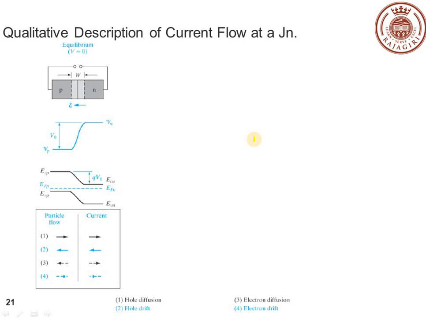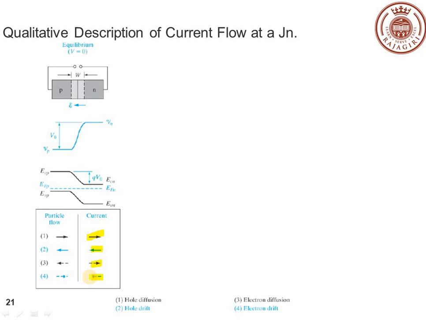The diffusion components of the current, hole diffusion and electron diffusion, shown by the black arrows, have the same direction. Both the drift components have the same direction as each other, but drift and diffusion have opposite directions. So the net current will be 0 at equilibrium because all these 4 components have equal magnitude.